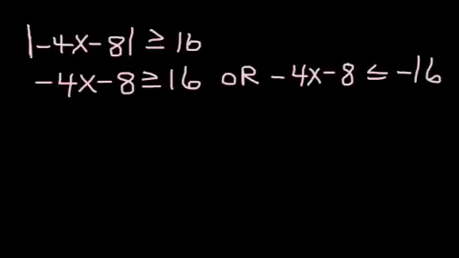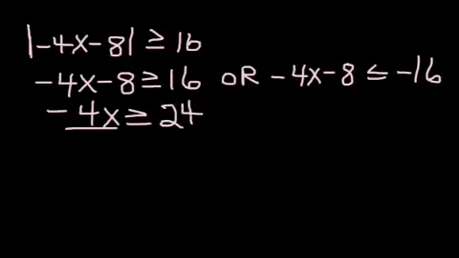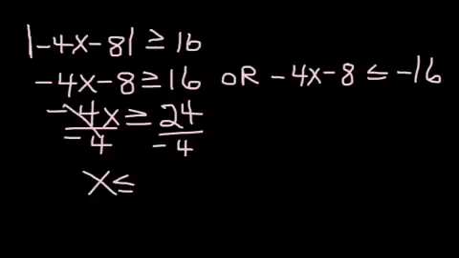And solve each inequality. So I'm going to add 8 to 16 over here, getting 24, divide by negative 4. Remember, there I am again dividing by a negative number, therefore I flip this inequality sign. It becomes negative 6. X is less than or equal to negative 6 on this side.